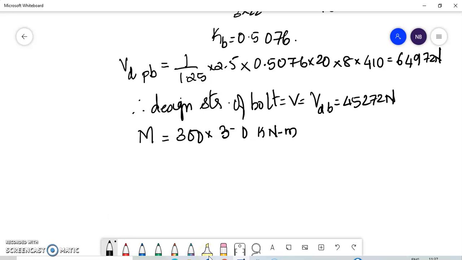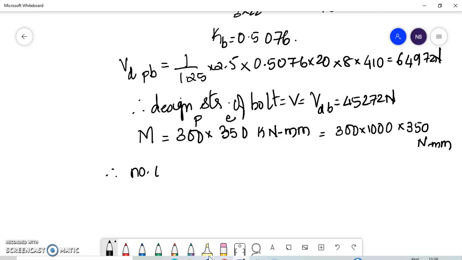It's P into E. P is 300 kilonewton and eccentricity is 350 mm. And I'm now converting it into Newton mm. That's why I multiplied 1000.